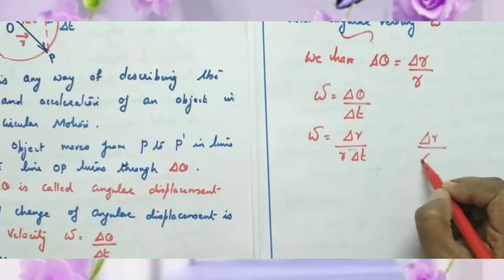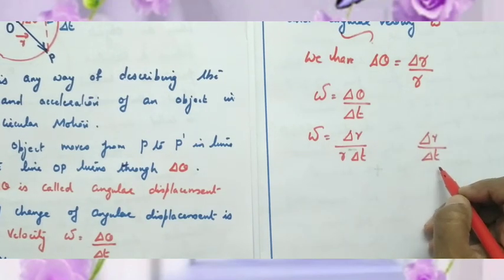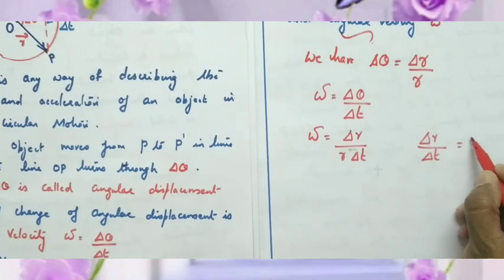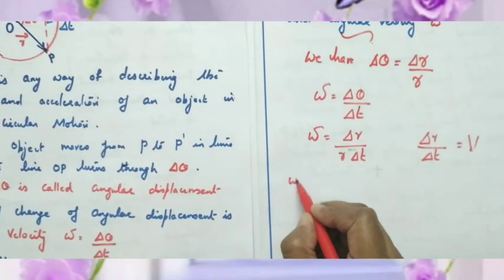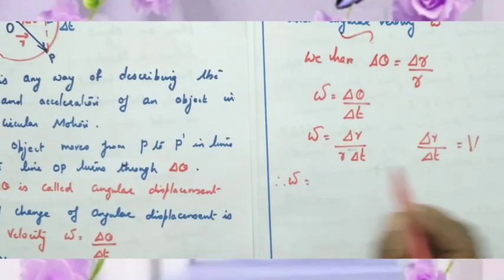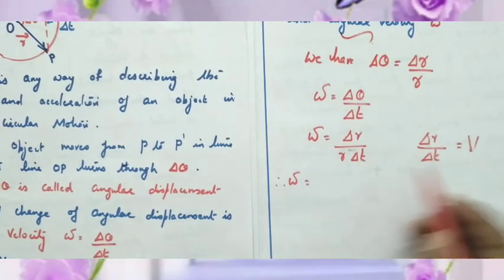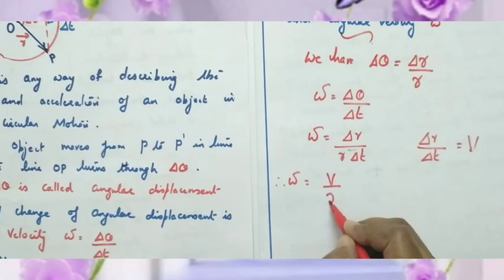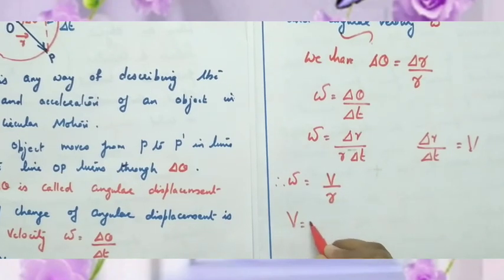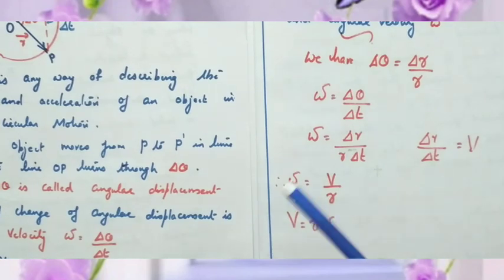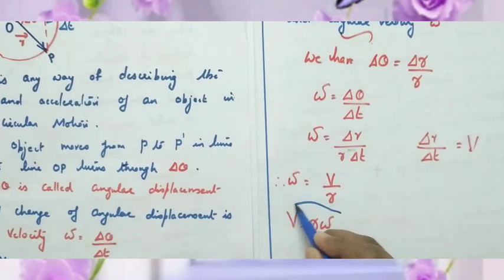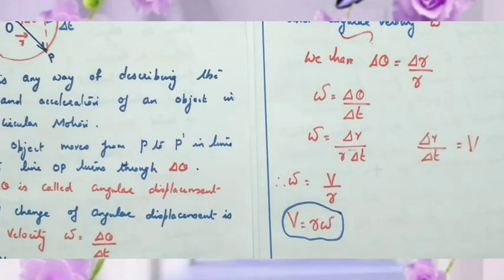Displacement divided by time is velocity, the linear velocity v. So omega equals v divided by r, or v is equal to r omega. So the relation between linear velocity v and angular velocity omega is v equal to r omega.